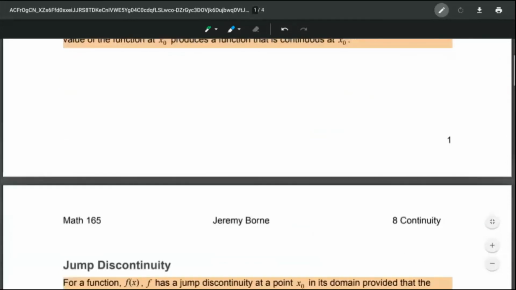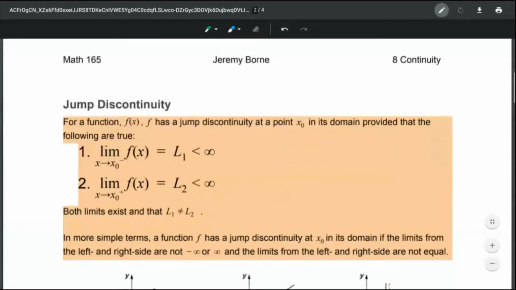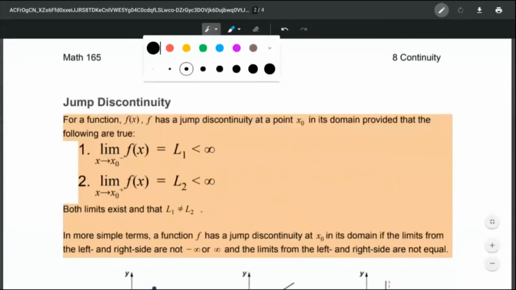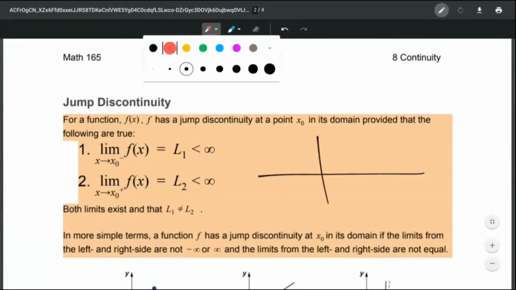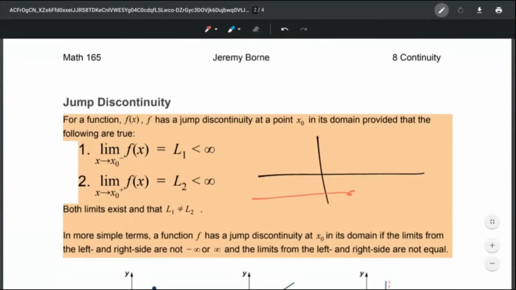Another thing that can happen is jump discontinuity. So that's the example basically we were seeing where you have a function and down here it goes to this, up here it's here. That would be jump discontinuity. For a function f of x, f has a jump discontinuity at point x sub 0 in its domain provided that the following are true.